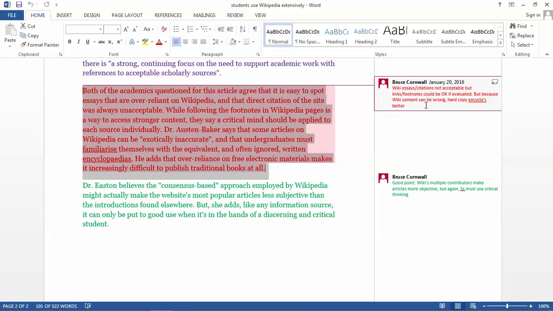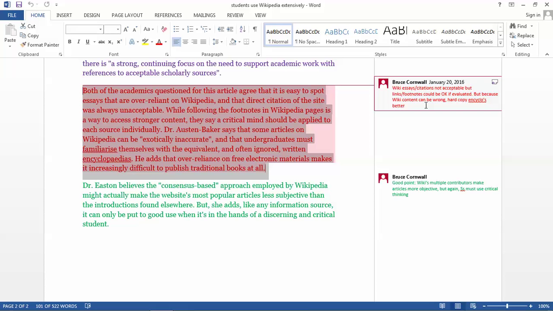But it also mentions that Wiki has links or footnotes, and they could actually lead to something quite valuable, which is kind of a pro. But this pro actually, because don't forget, we're prioritizing, we need the pros and the cons, right? And it's interesting because even though there could be links and footnotes that could be valuable, they need to be evaluated, because Wiki content can be wrong.